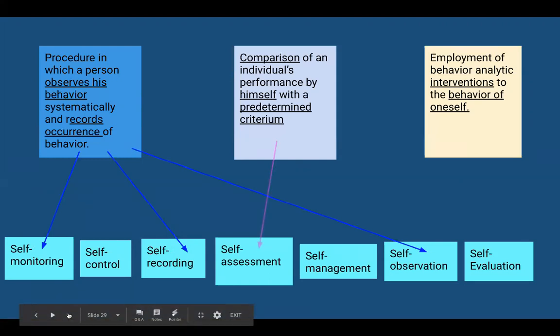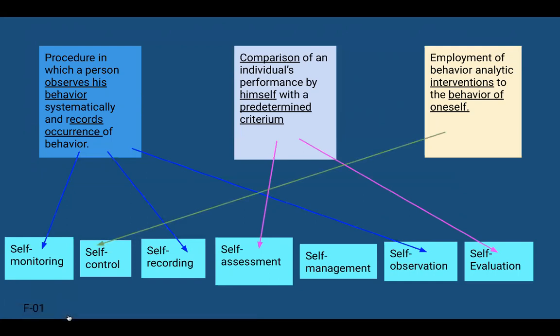So this one is self-assessment, self-evaluation. Anything that has to do with evaluation or an assessment is the comparison of an individual's performance by himself with a predetermined criterion. And then the last one is self-control.